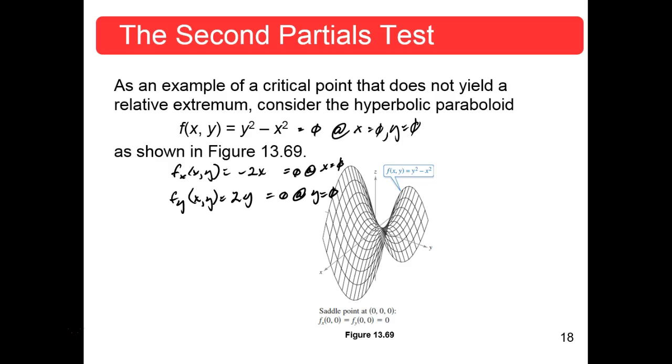So the common vertex of both of those is 0, 0, and in this case z would be 0 as well, a parabola opening upwards in one plane and a parabola opening downwards in the other at the point 0, 0, 0. So that is indeed a saddle point.